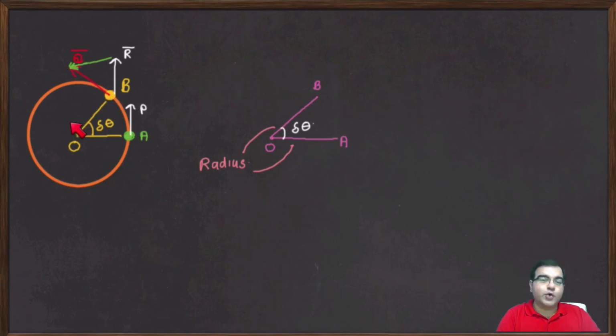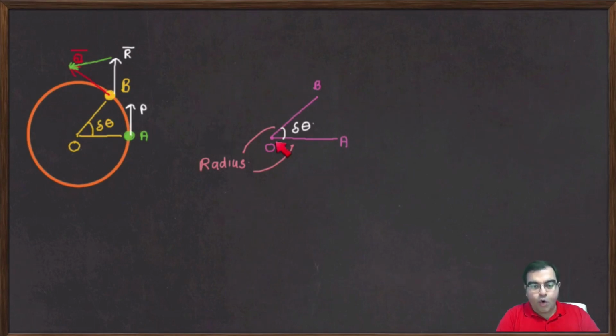So it is very important to remember that OB bar is your radius, BQ bar is your tangent. So I'm moving this tangent down.